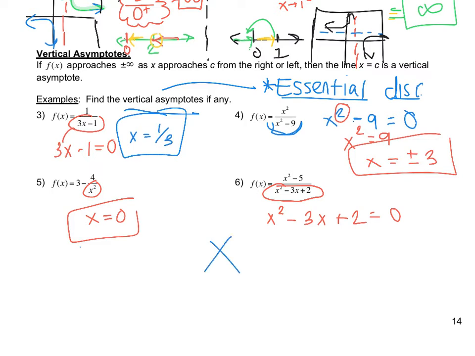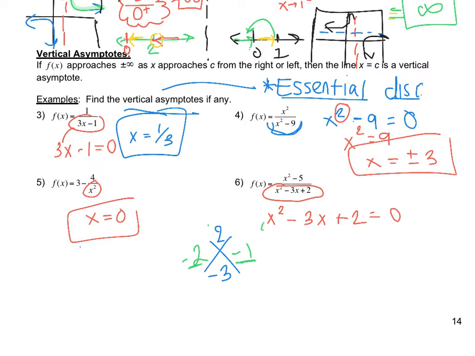If you're factoring it, doing the diamond game or area model, we would put 2 here, negative 3 here, and we want these two numbers to be the two values that multiply to 2 and add to negative 3, which would be negative 2 and negative 1.